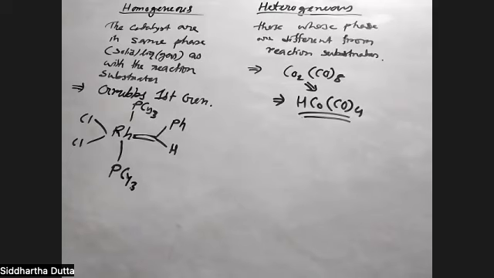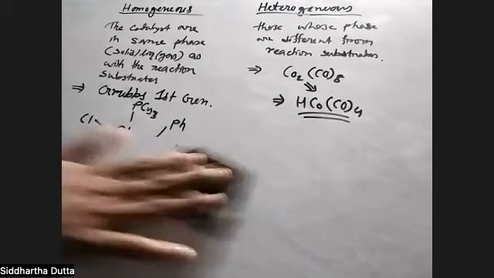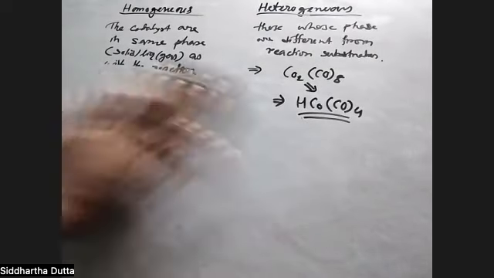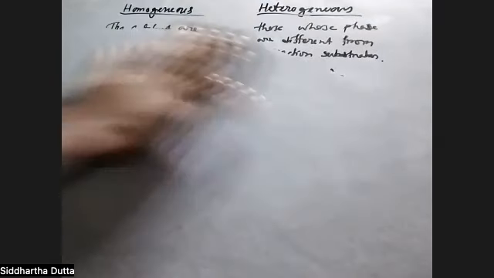What is Wacker process? Explain what the Wacker process is. What is the main application of Wacker process? The Wacker process is a reaction that generates acetaldehyde from alkene.